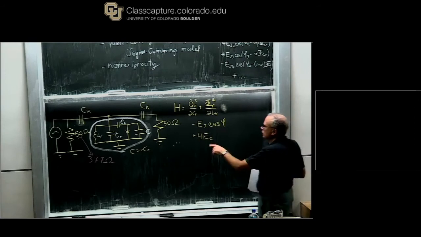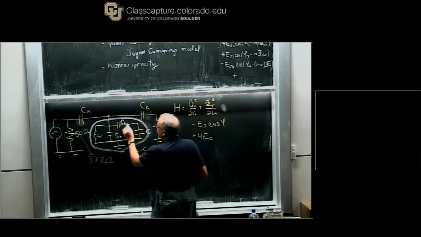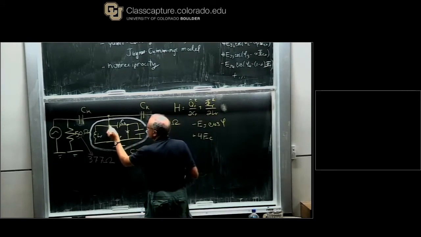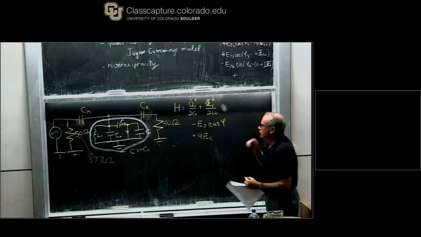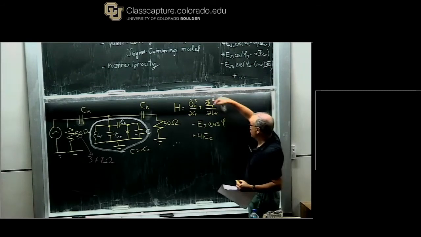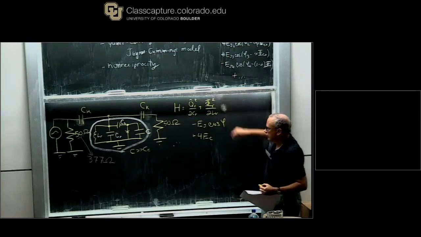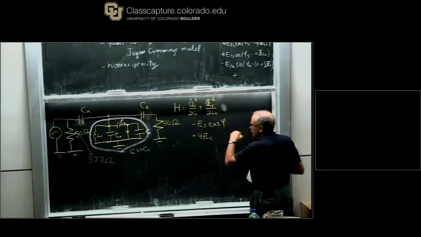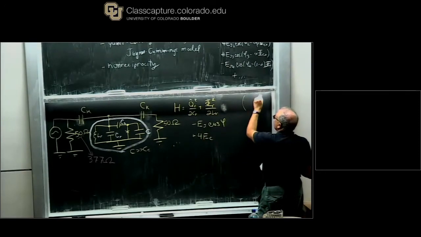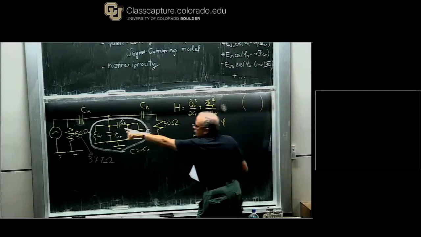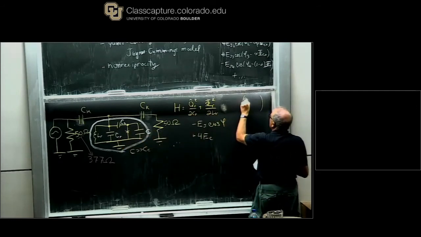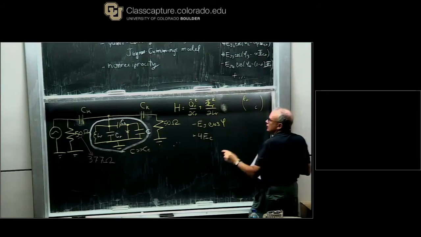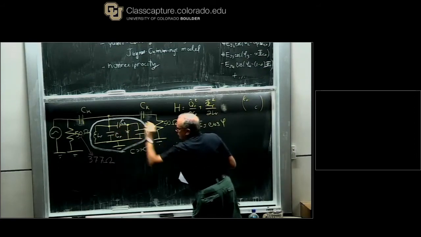I might note just a couple of formal things about this. I have a two-node circuit, according to my rules, or two dynamical degrees of freedom, and here they are, phi sub r and this lowercase phi. And the capacitance matrix, I can kind of read it off, this node capacitance matrix. It has two capacitors going to ground, C sub r and C, and then the C sub c, which couples the two nodes.